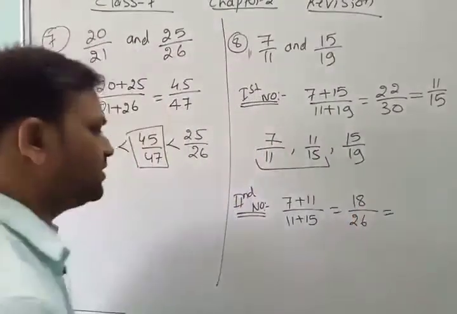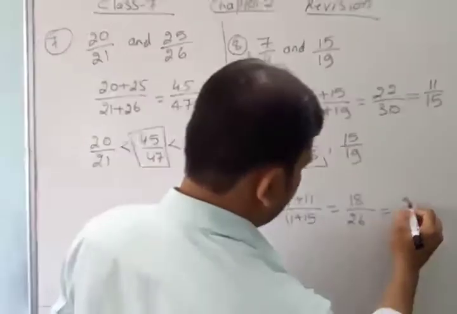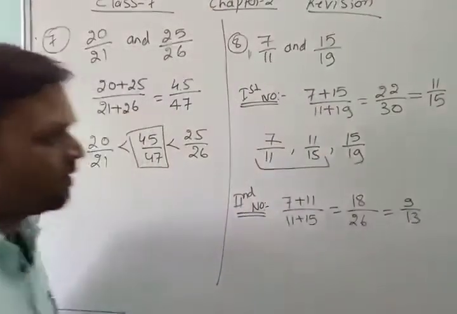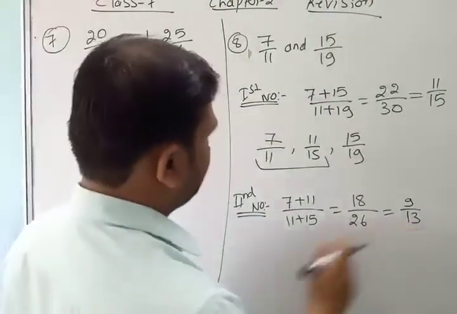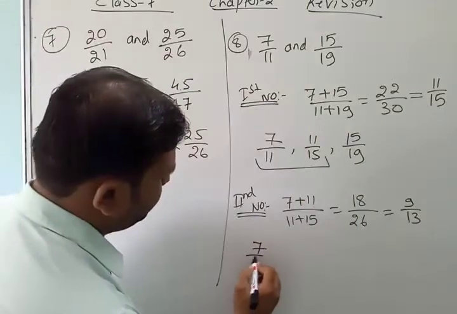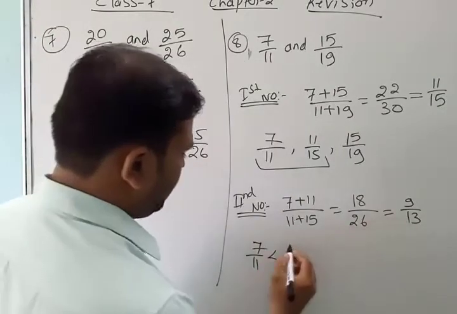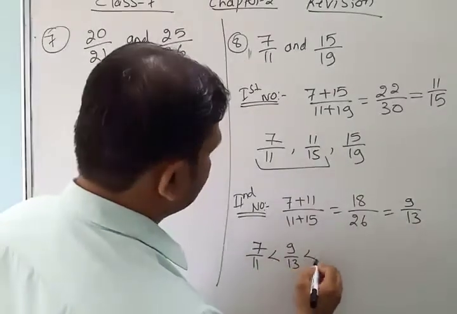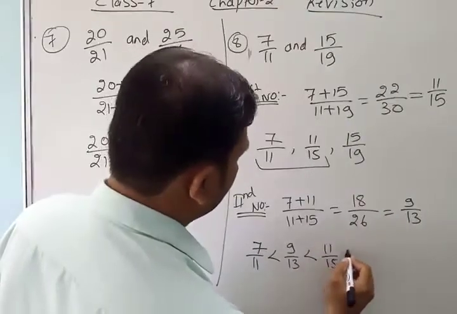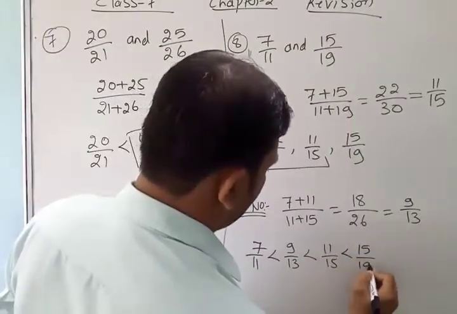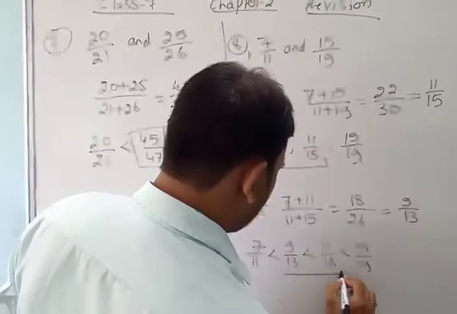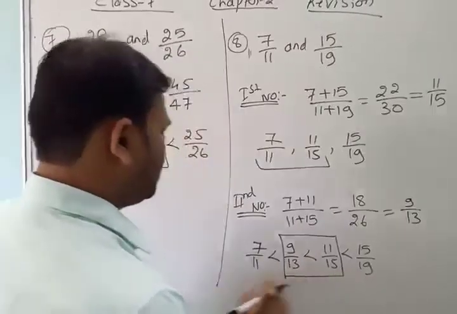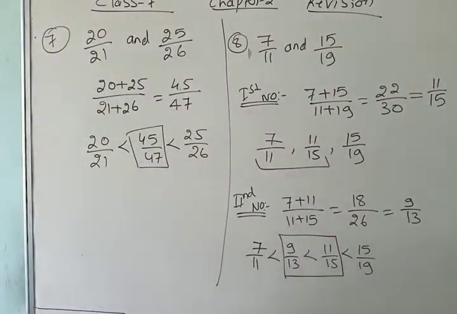Again both are divisible by 2, so it is 9 by 13. So our second number is this. So we can write 7 by 11 less than 9 by 13 less than 11 by 15 less than 15 by 19. So these two numbers are inserted between 7 by 11 and 15 by 19.